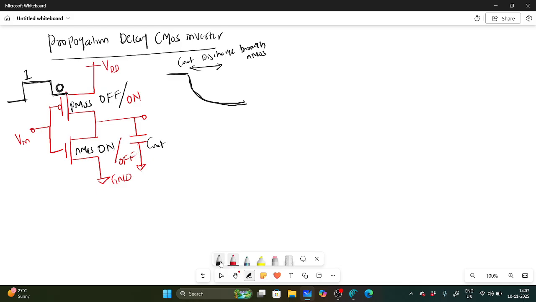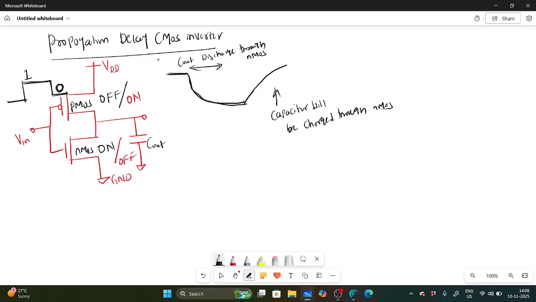So now the capacitor will be charged through the PMOS, since the PMOS will be on. So from here I can say that when input goes from low to high, PMOS is off and NMOS is on.